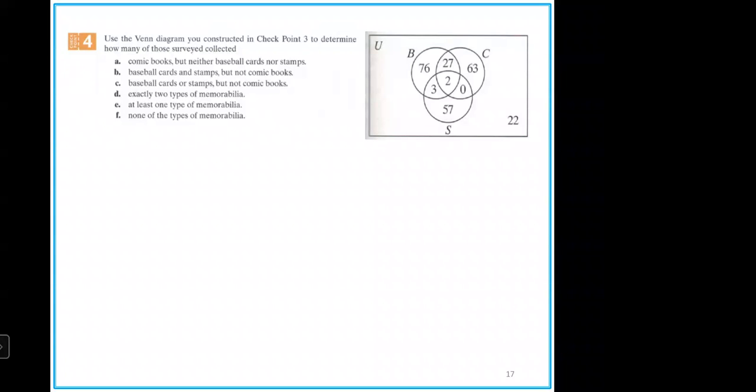Okay, for E, do you have 231? Tell me what you did. I added all of the sets because it said at least one. So I added the 76, the 27, the 63, the 3, the 2, and the 57.